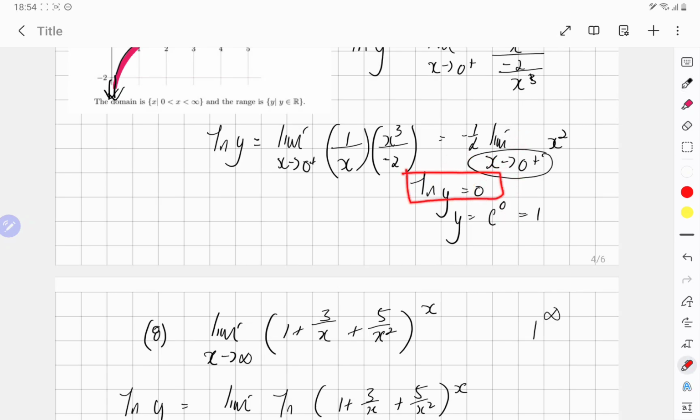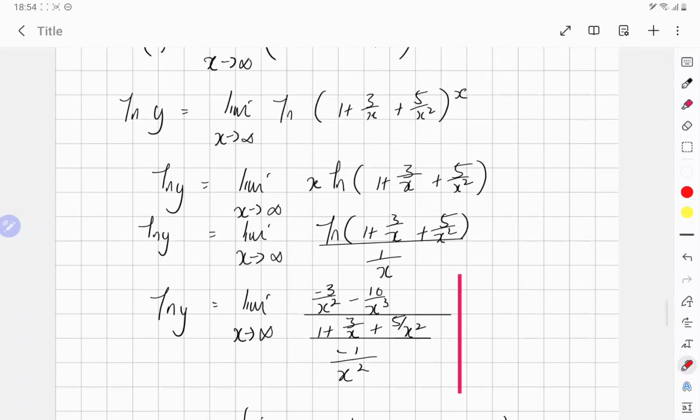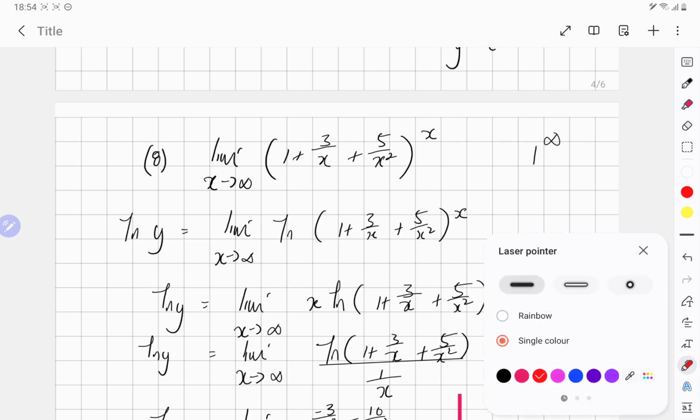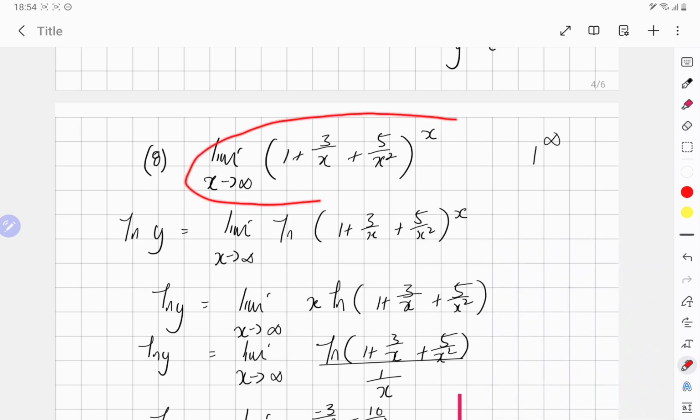Hence, ln y is 0, but I need to get y by itself. Remember back to the form where you're going to take away ln, so you get e to the 0, and my answer is 1. My last question, exam type question that I'm going to attempt here is this one.